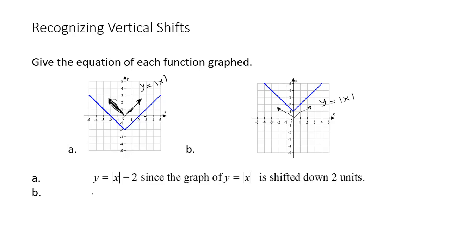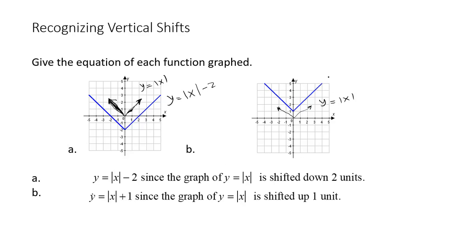So the equation of this line would be y is equal to absolute value of x. We're moving 2 units down, so it would be minus 2. Whereas this one, we're moving 1 unit up, so it would be y is equal to absolute value of x plus 1.